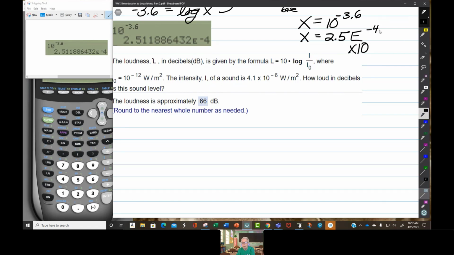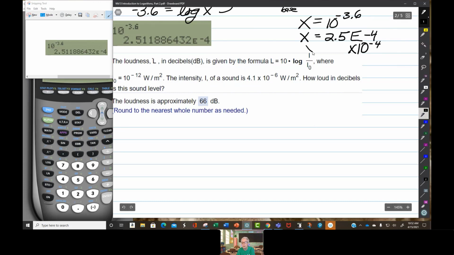And the negative 4, see, it's not written that way. I need to bring it down. E negative 4. All that means is times 10 to the negative 4 power.